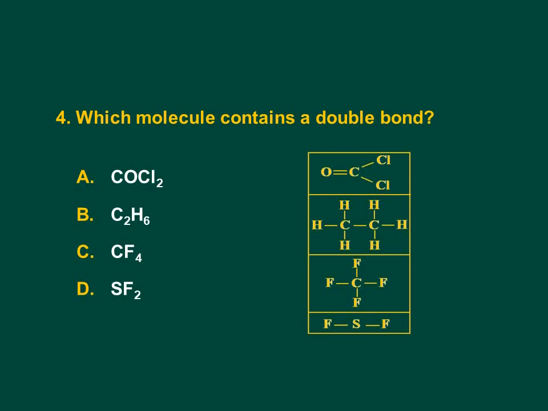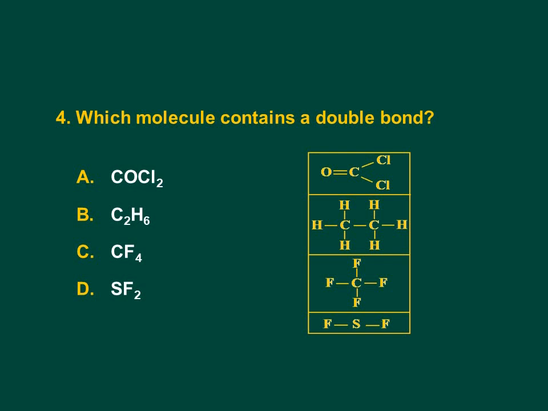The first one is COCl2. C is linked with one oxygen with a double bond and two single bonds with each chlorine atom. The second is C2H6, two atoms of carbon with 6 of hydrogen. Each atom of carbon is linked with 4 single bonds.